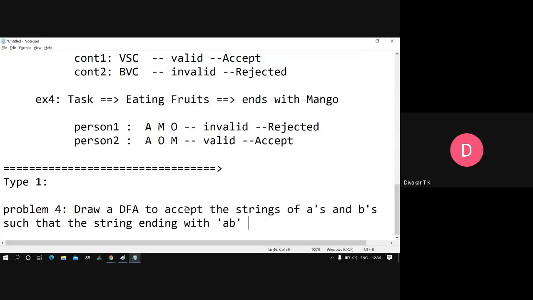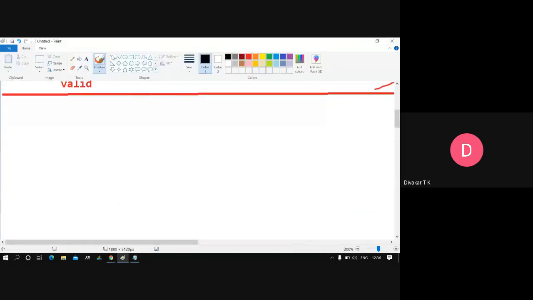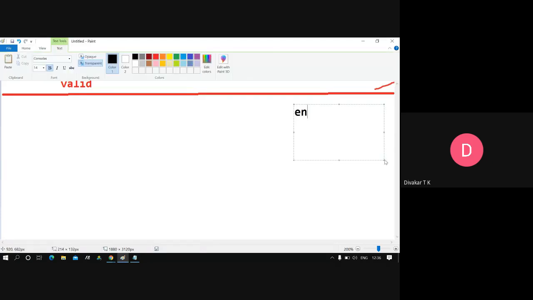Draw a DFA to accept the strings of A's and B's such that the string ends with AB. Now forget about the starting; it should end with something. What is my requirement, guys? It should end with AB.